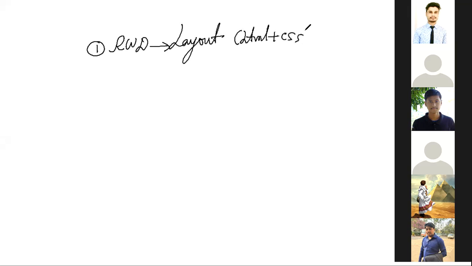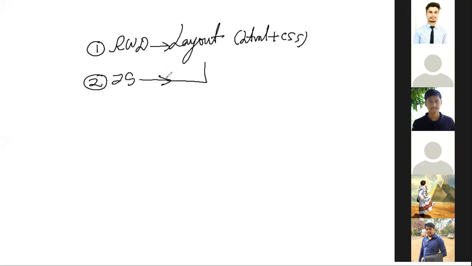So first, our target, what we are going to do. In the first project, we are designing a responsive web design, only the layout. It is going to be HTML and CSS. The second project is JavaScript based.